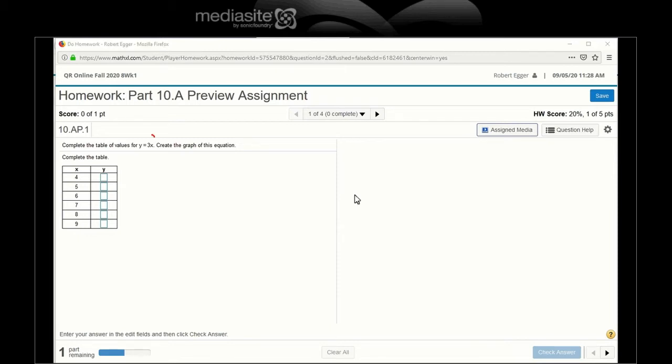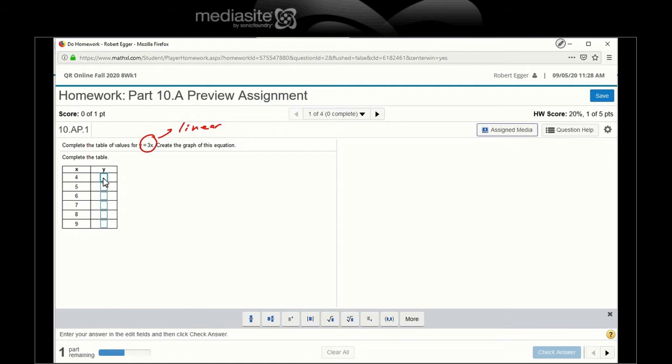Okay, so y equals 3x, so I know it'll be linear. So we were looking at, in this case, 3 times 4. Of course, 3 times 4 is 12.